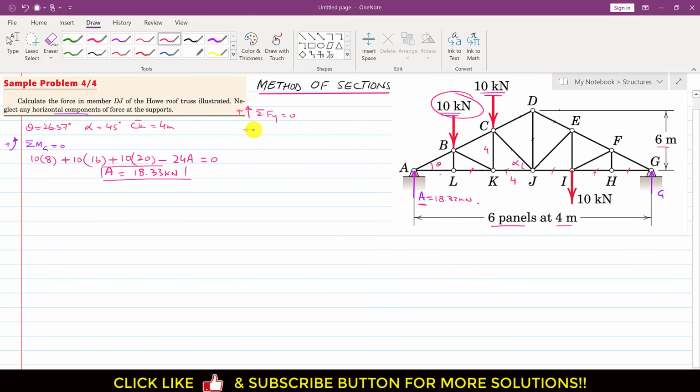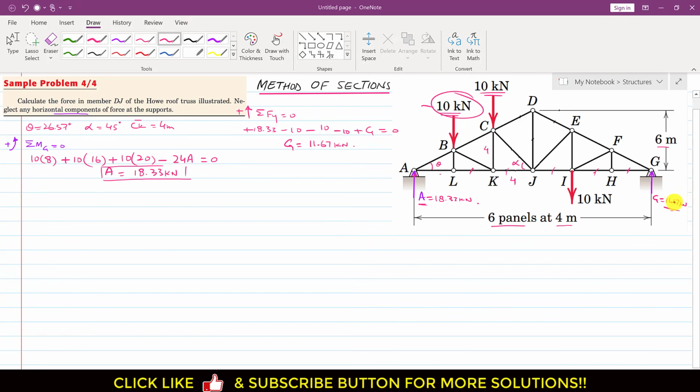So we will write plus 18.33, then this one is minus, so we will write minus 10, then this minus 10, right, and this is also minus 10, and G is acting in the upward direction, so we will take it positive, right? So this will be equal to 0. So from this equation the reaction at point G is 11.67 kilonewtons. So now we can write that the reaction at point G is 11.67 kilonewtons, right?